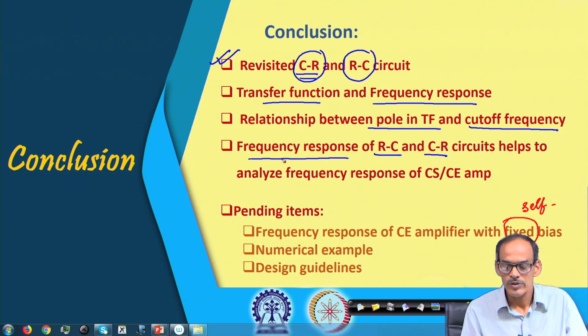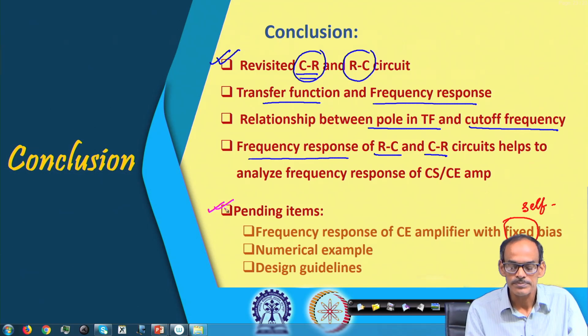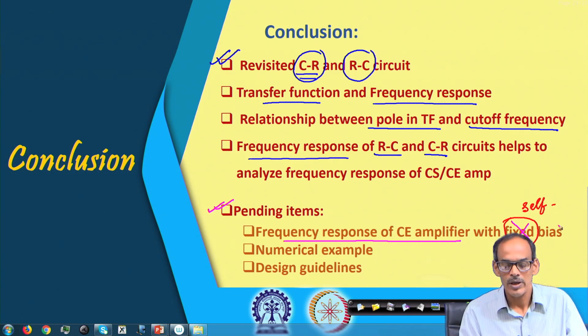Now, in this module, as I said, we need to cover some more things. We have the pending items listed here: the frequency response of the CE amplifier having self bias. It requires a dedicated class, and with the analysis we have done, we can find the numerical value of the cutoff frequency of a filter.